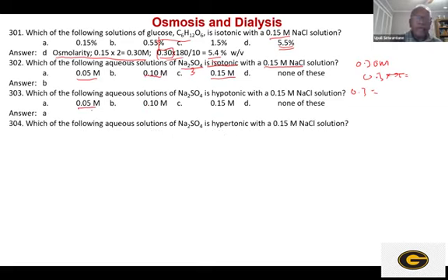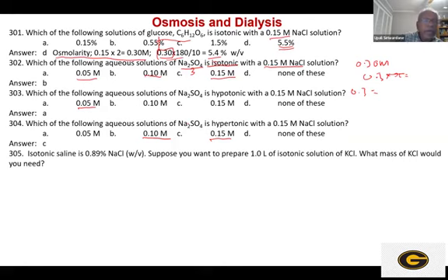Which of the solutions is isotonic, which is hypertonic? It is this. C is the answer.